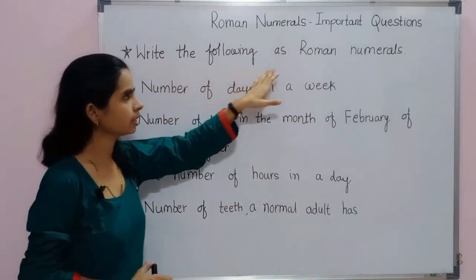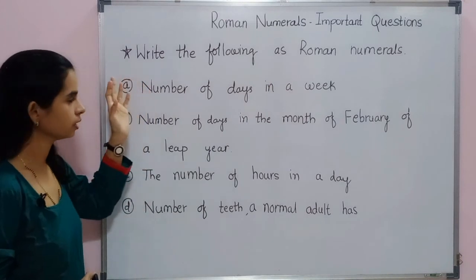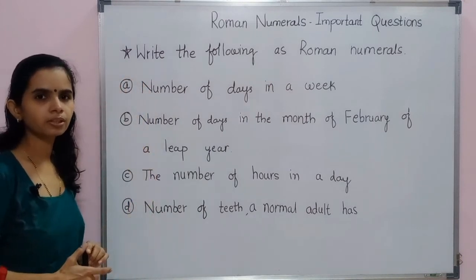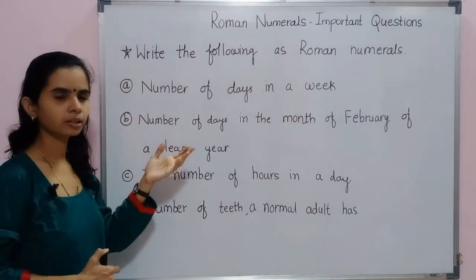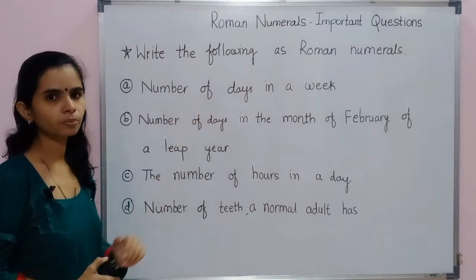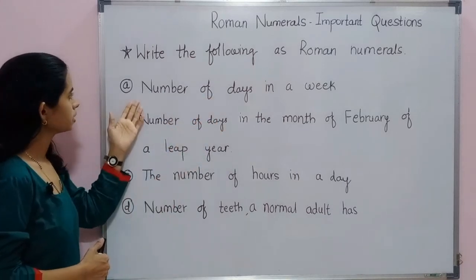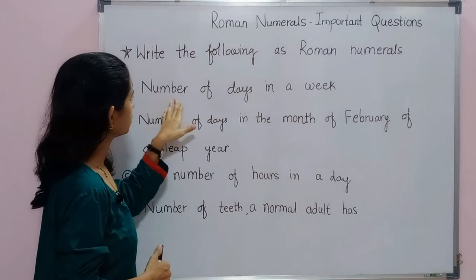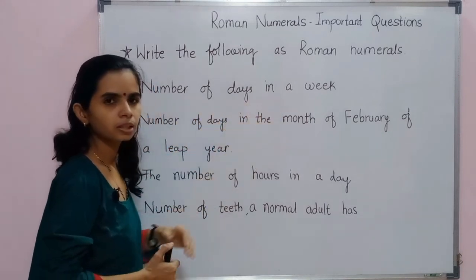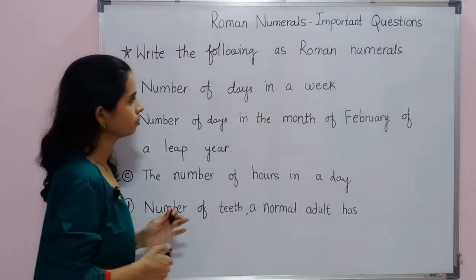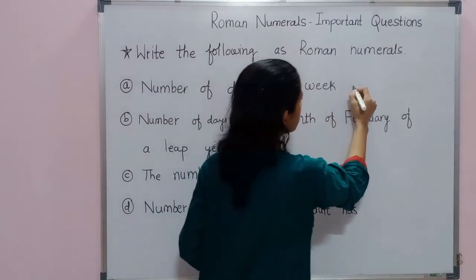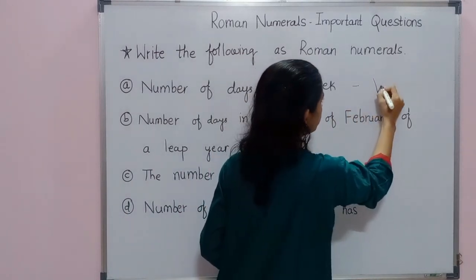Write the following as Roman numerals. Here in the question some clues are given and we have to write the answer in Roman numerals. The first clue is the number of days in a week. There are 7 days in a week, and the Roman numeral for 7 is VII.